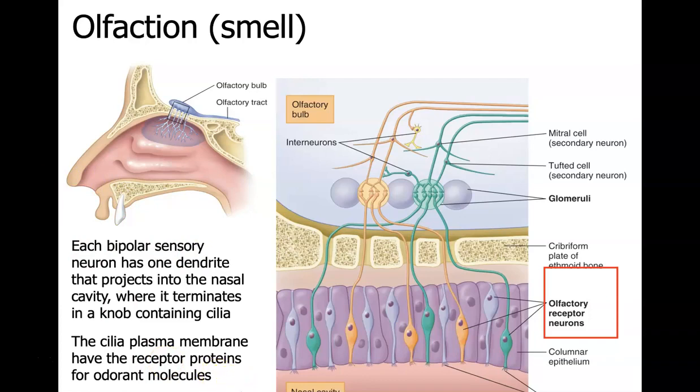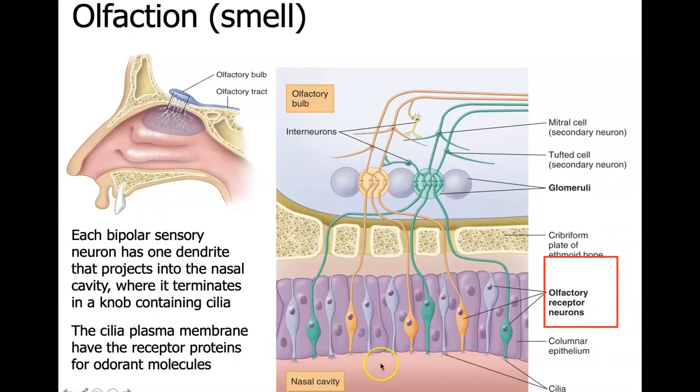Okay, so move this down a little bit here. Here's the nasal cavity. Here are those olfactory neurons that have cilia on them. And then it's this bipolar sensory neuron, meaning it has one projection coming down here and a second one coming up here. So here's a good example of different shapes of neurons, right? They look different.